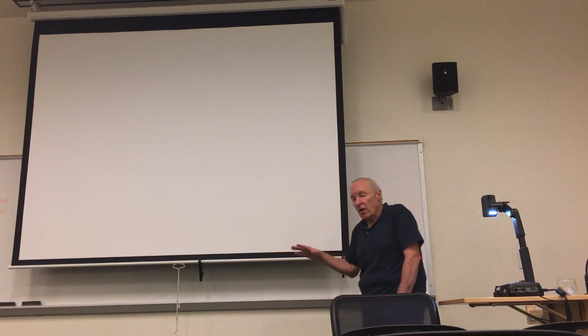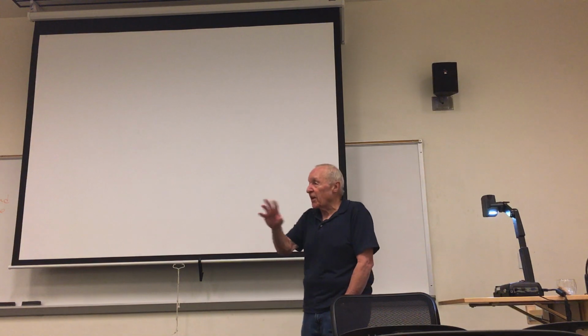Some of the original AI tried to do things like scene recognition. If I'm going to walk throughout this room and go around obstacles, I've got to be able to identify them and their boundaries.